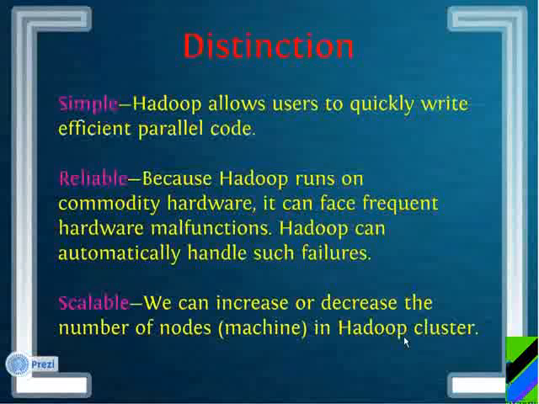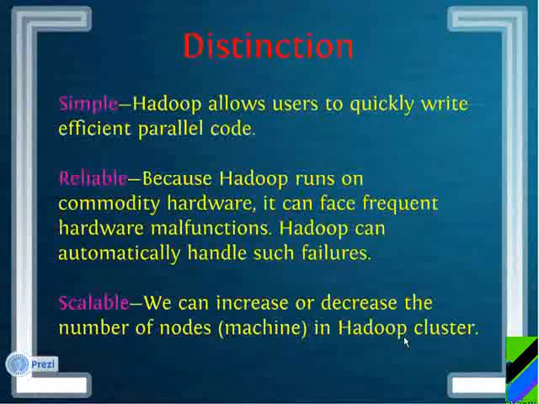The next is scalability. You know that we can increase or decrease the number of machines in a Hadoop cluster anytime. If you are saying that our job is taking a lot of time and we want to decrease that, it simply means that you need to add more machines to your existing Hadoop cluster.